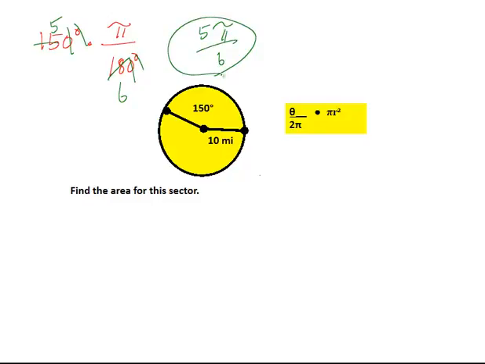So now I'm ready to plug that in. So what I have is 5 pi over 6, that's now theta, over 2 pi times pi r squared. Looking at this here, I can look at that as a complex fraction. So what I can do is inverse, reciprocal, flip it.